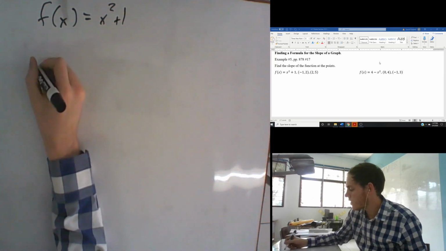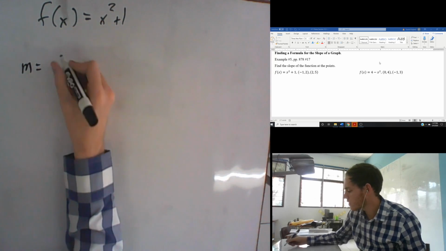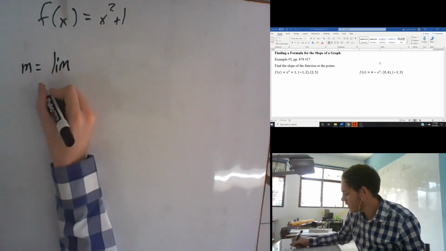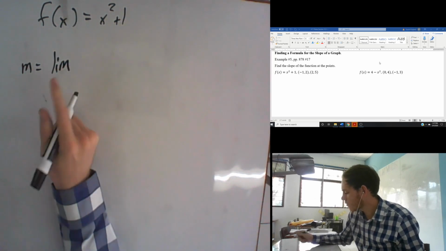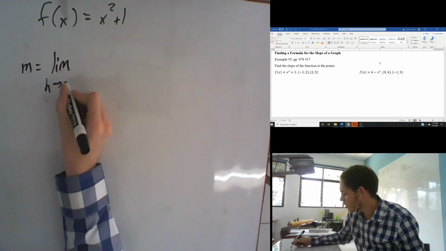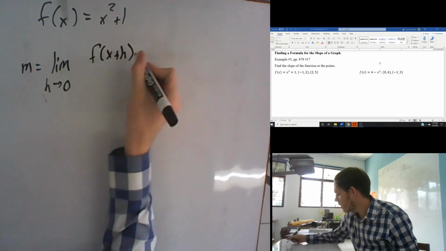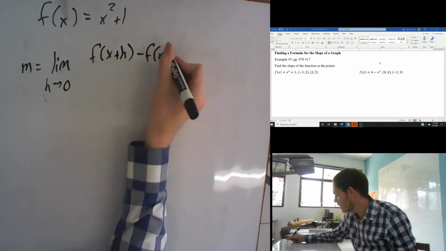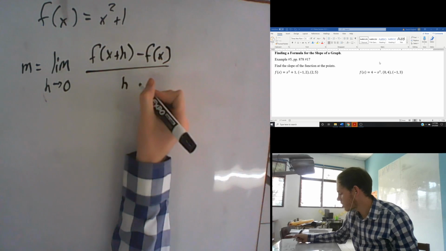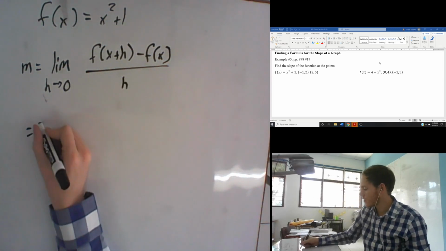Okay. Then we find m equals the limit as h approaches 0 of f of x plus h minus f of x over h. Okay, plug it in again.